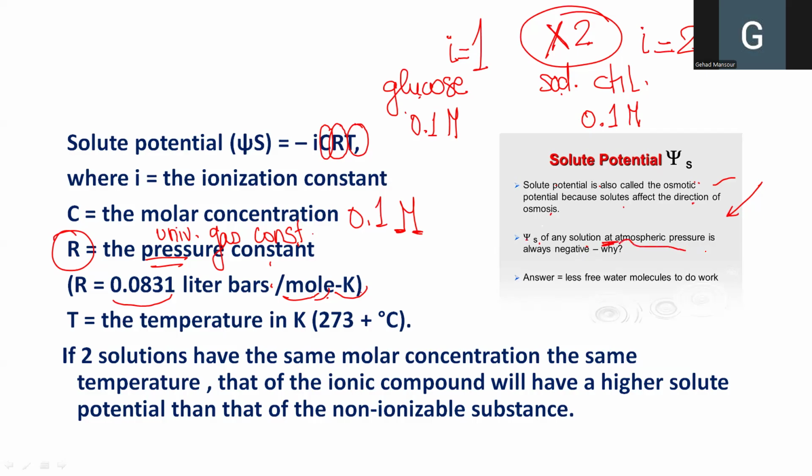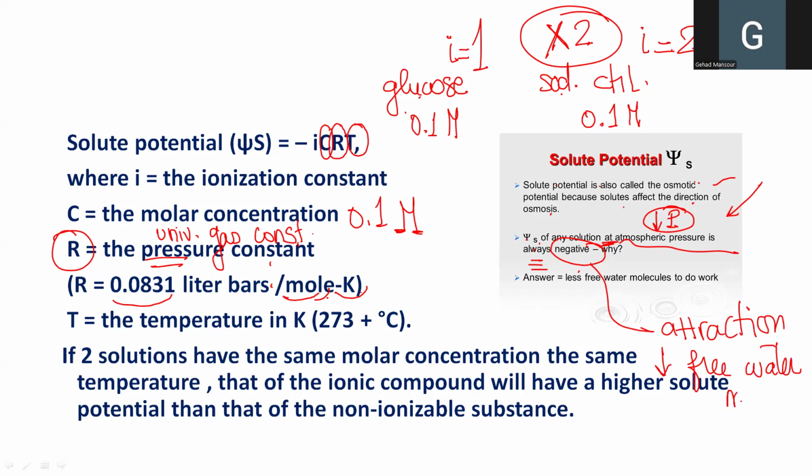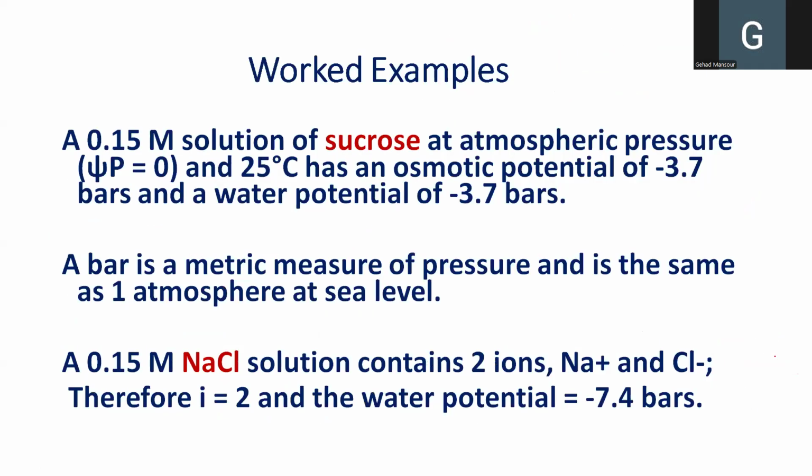We say at atmospheric pressure because in such a case, we are nullifying the effect of pressure that might antagonize the negativity of solute potential, as we have explained before. And we are asking you why it is always negative, because of the attraction forces onto water that diminish the number of free water molecules, and the answer is written on the slide.